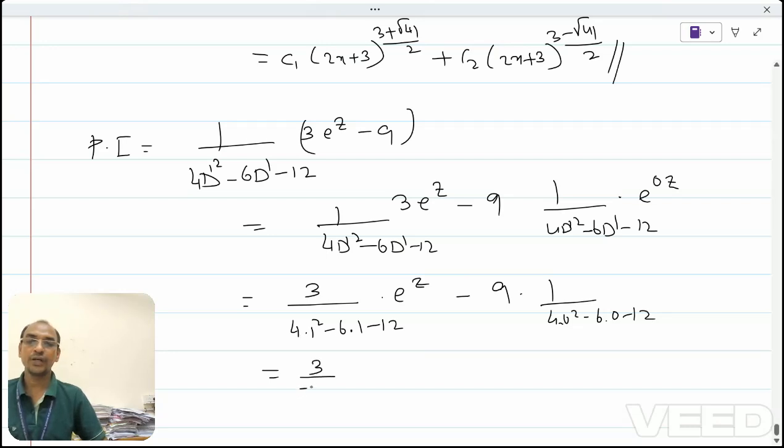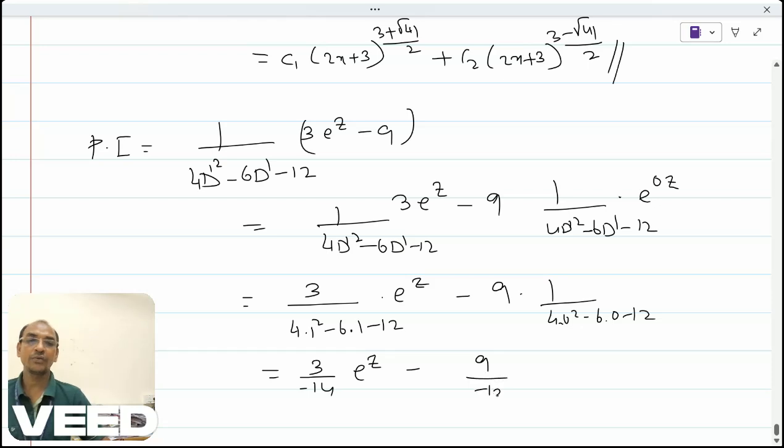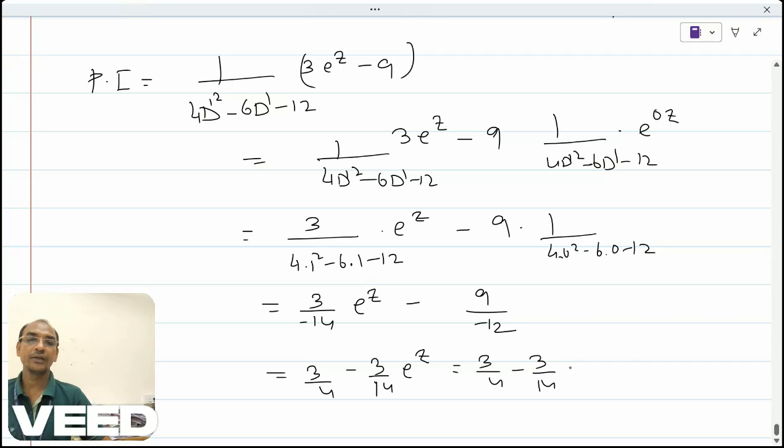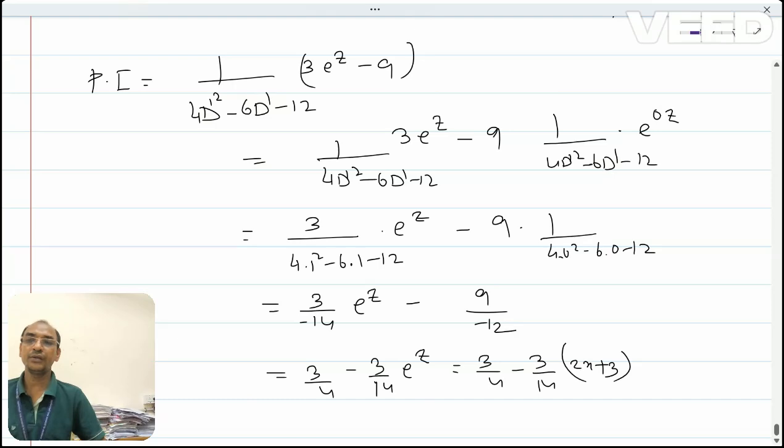So 3 by minus 14 e to the power z minus 9 by minus 12. 9 by 12 is 3 by 4, so 3 by 4 minus 3 by 14 e to the power z. But e to the power z is 2x plus 3. So we will have 3 by 4 minus 3 by 14 into (2x plus 3). So this will be your PI.